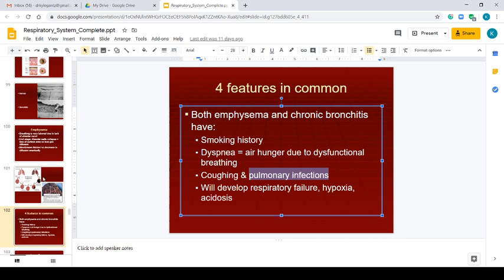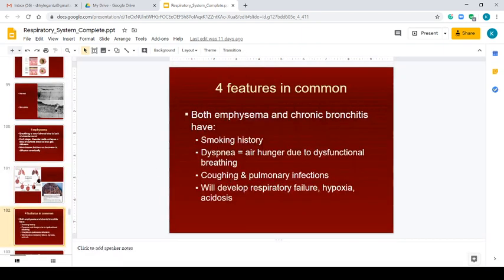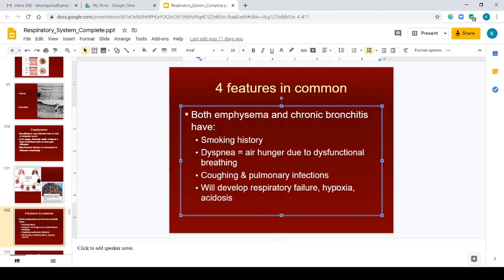If we have this constant bunch of irritation in there, we're going to get some infections, all right? And eventually what's going to happen is you're going to get respiratory failure. You're not going to be able to get enough oxygen into the body, and you're also going to have this whole acidosis thing where you have difficulty getting carbon dioxide in and out of the body. Okay, especially out.